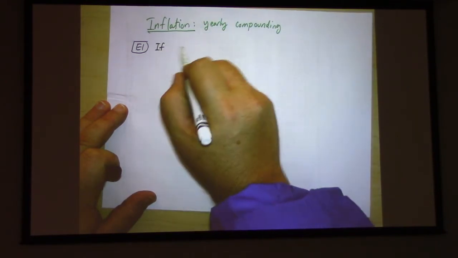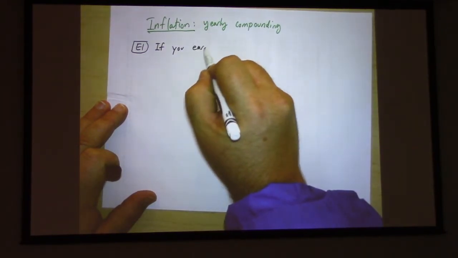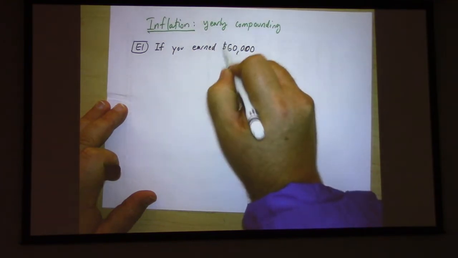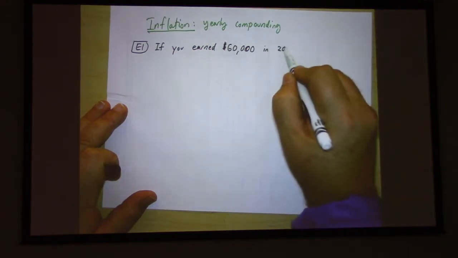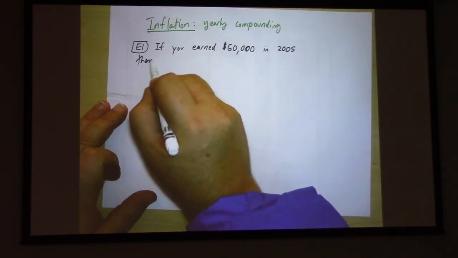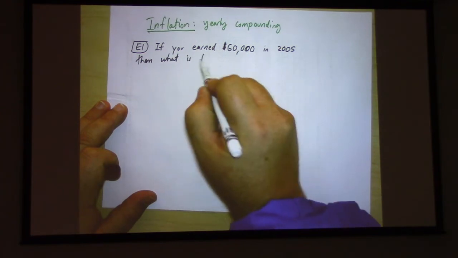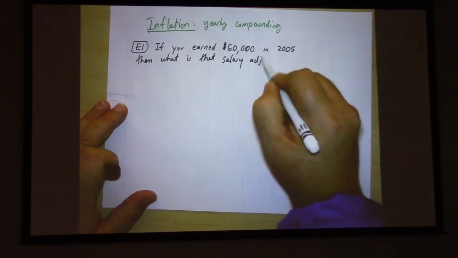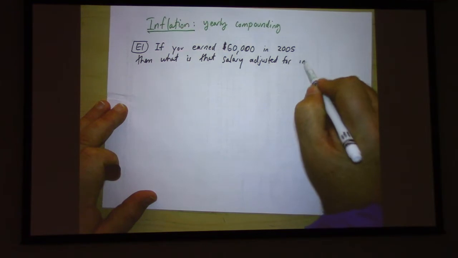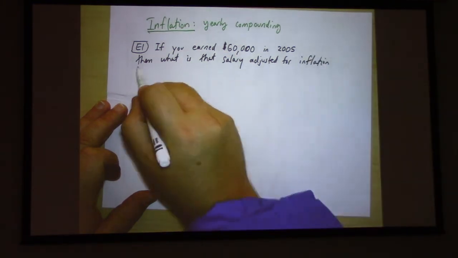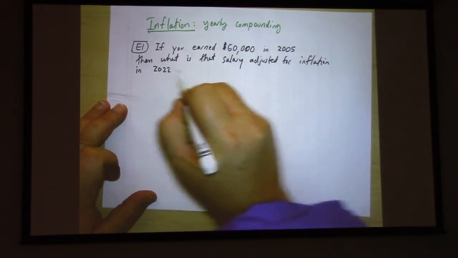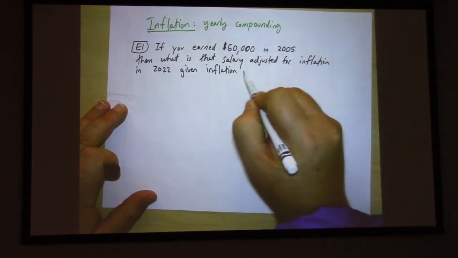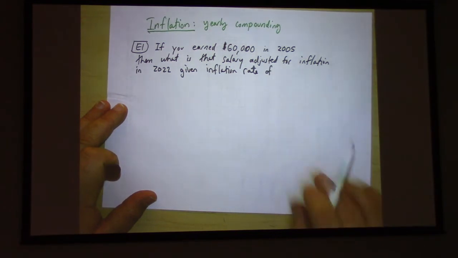If you earned, let's say, $60,000 in 2005, then what is that salary adjusted for inflation in, let's say, 2022, given an inflation rate of, let's see here, what's the inflation rate?